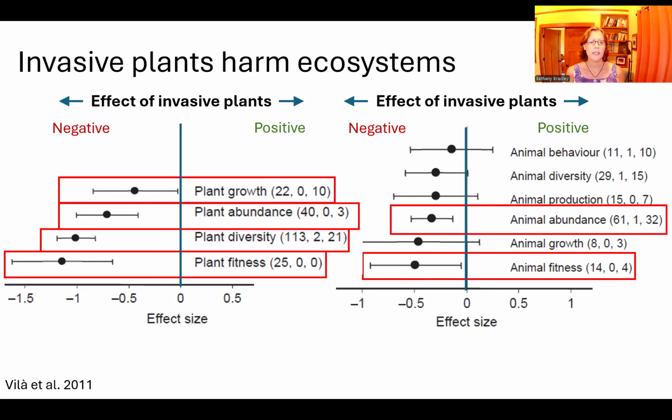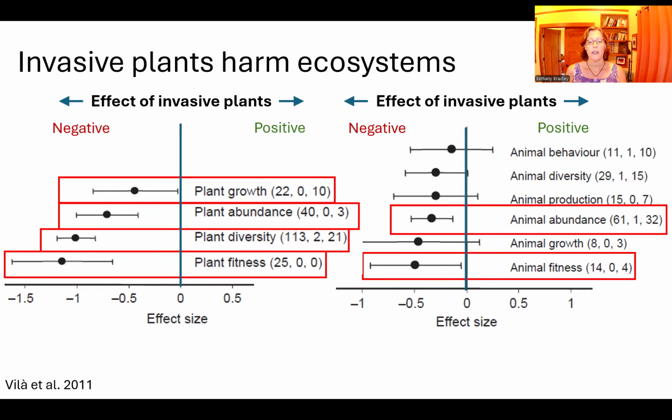So the way to read these graphs is that if the error bars don't cross 0 for the effect size, that's on the x-axis, then we can consider that to be a significant effect. And everything outlined in red on here, those are ones where there's a significant effect.